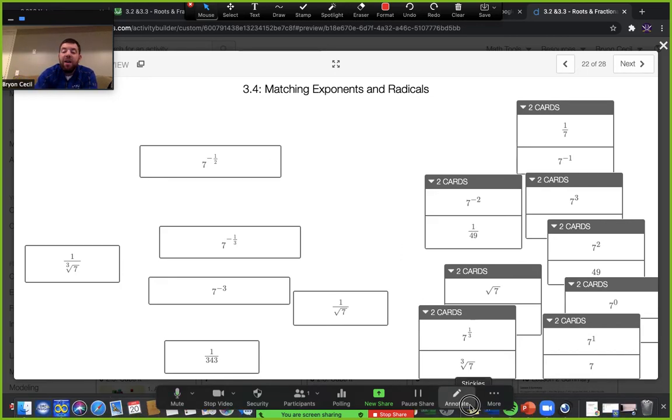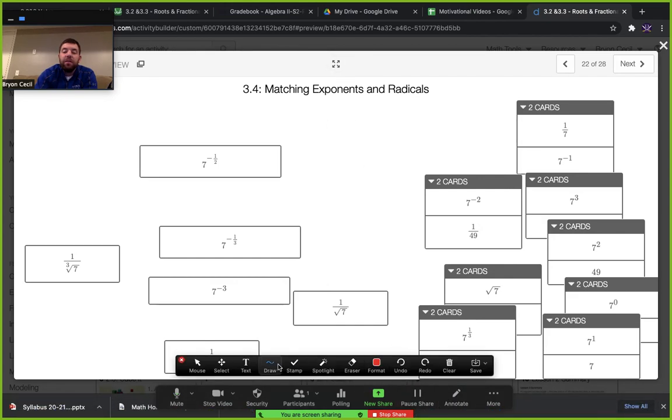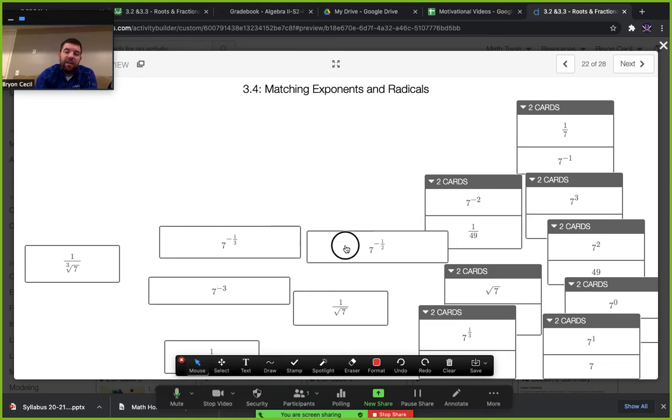So I'm going to have a 1 over 7 to the 1/2, and we already said that 7 to the 1/2 is a radical. So it'll look like that, but a little cleaner. So this guy goes with this guy, goes with this guy.